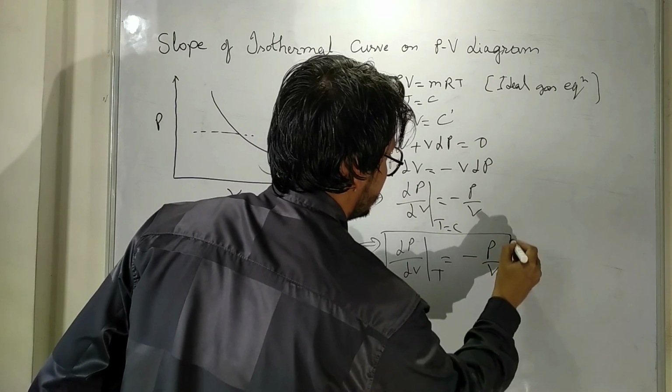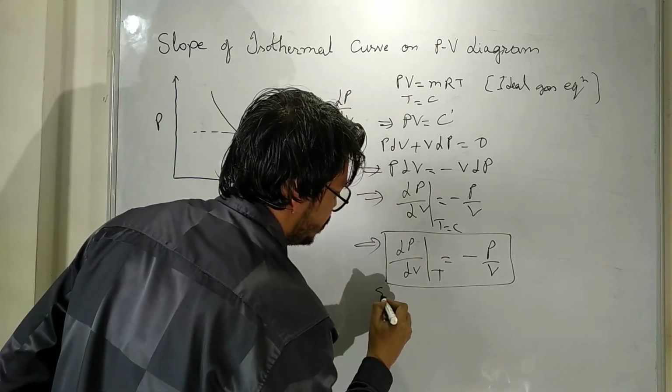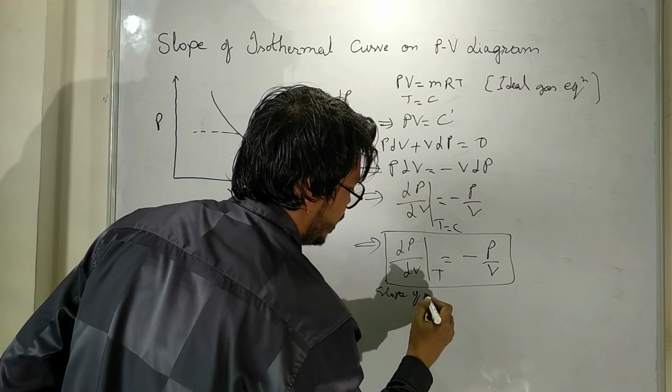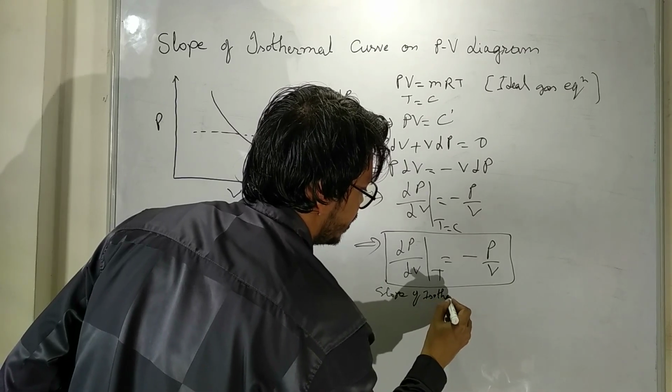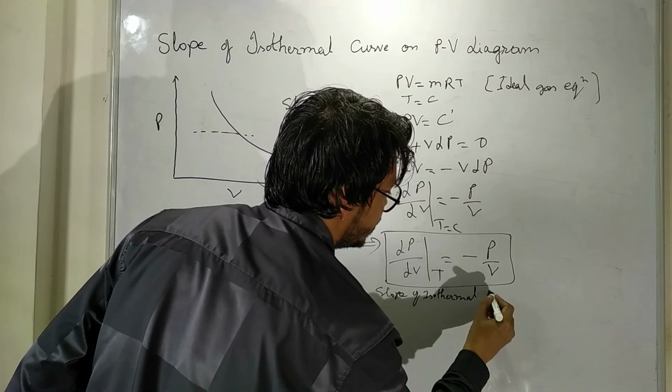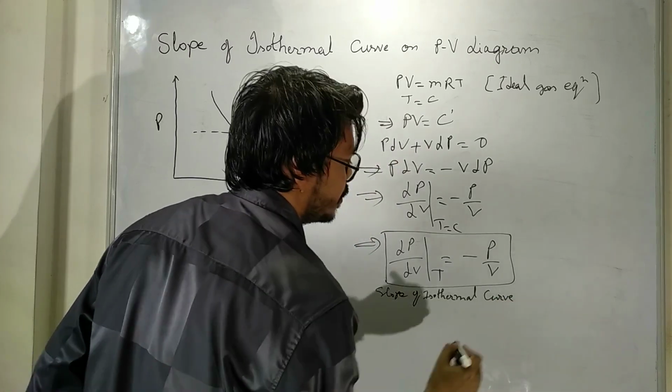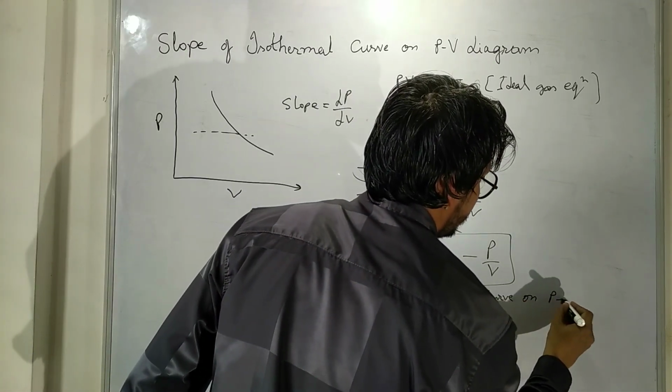So this is the slope of the isothermal curve on the PV diagram.